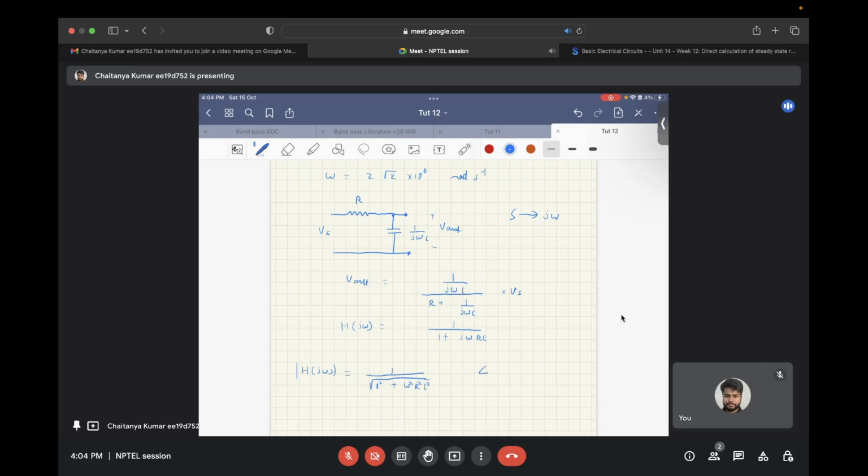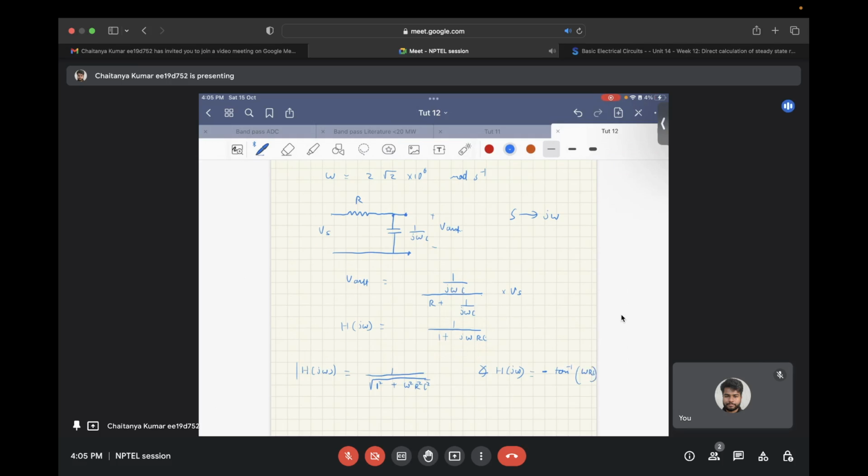And the phase of h of j omega will be, since this complex number is in the denominator, negative sign of tan inverse imaginary part by real part, and real part is 1. So you will have tan inverse omega rc.